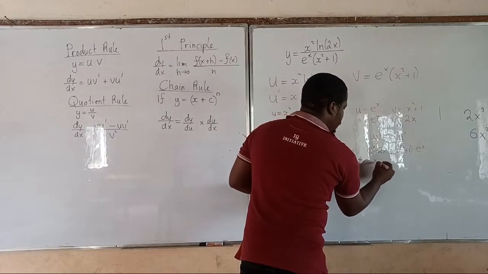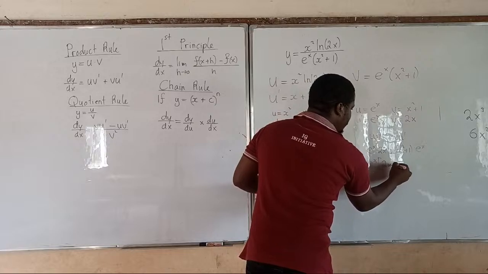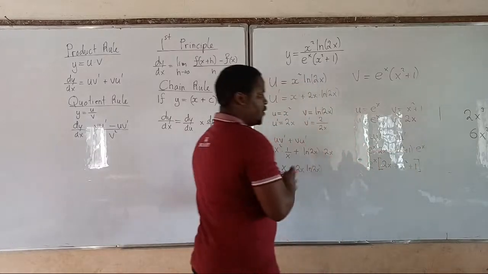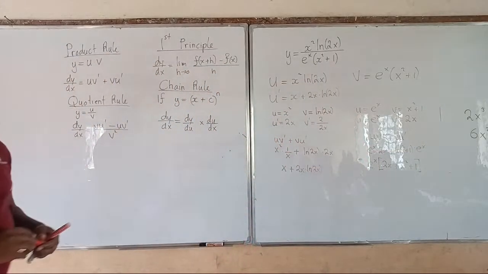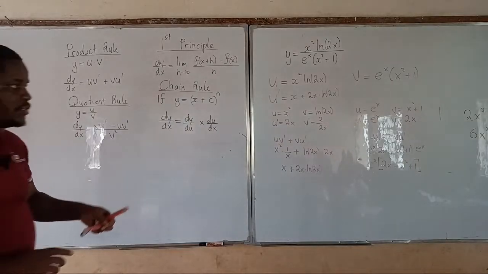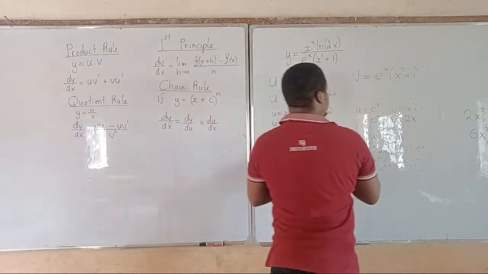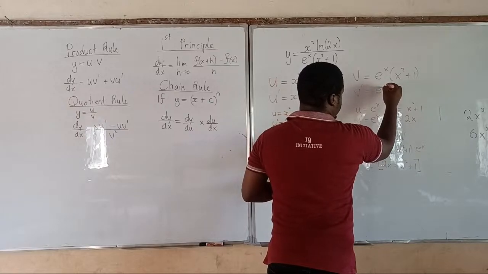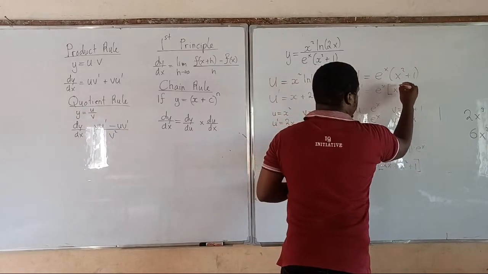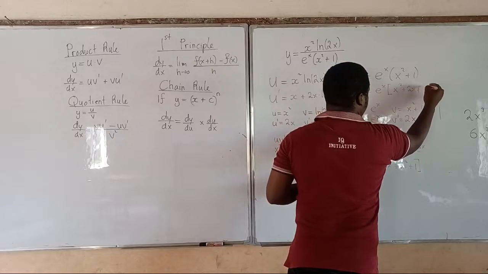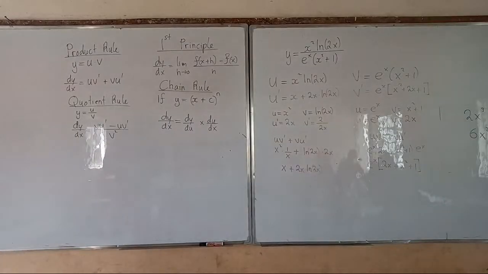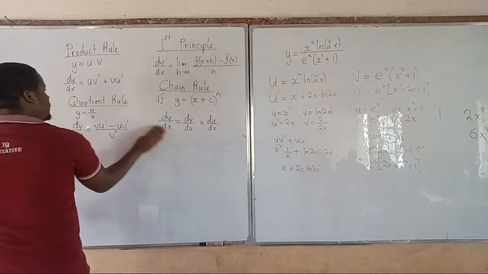What remains? 2x plus x squared plus 1. Just factor out e to the x, and everything else remains inside. Now, what we have there is the derivative of v. So v prime will be equal to e to the x, open bracket, x squared plus 2x plus 1, like that. Okay, let's bring it here now. We're not done.